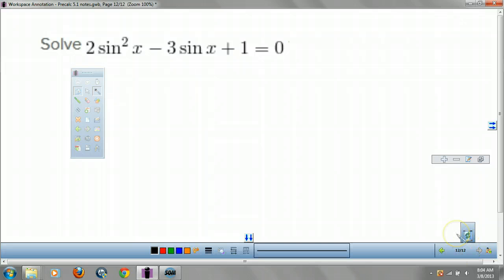Last one. Solve 2 sine squared of x minus 3 sine of x plus 1 equals 0. That's a tough one. How do you do this? Here's what you do, guys. Use substitution. I'm going to say u equals sine of x.